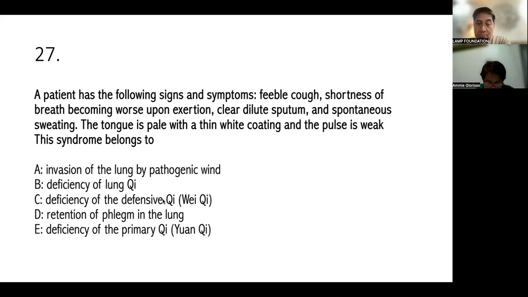These syndromes belong to deficiency of lung qi. Letter B po, Doc. Lung qi deficiency, kasi dahil po dun sa clear dilute sputum at spontaneous sweating.